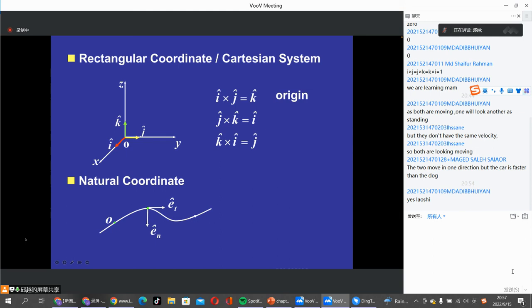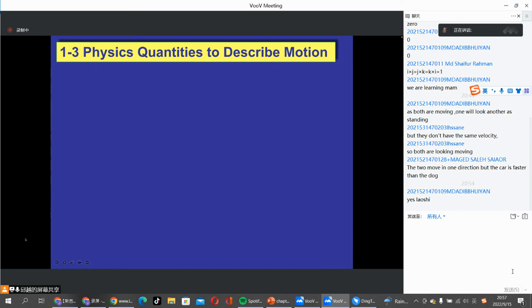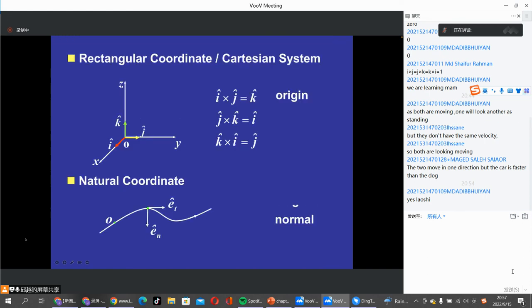Et is a tangential unit vector on this point, and En is a normal vector on this point. In the future, we may face this natural coordinate system.